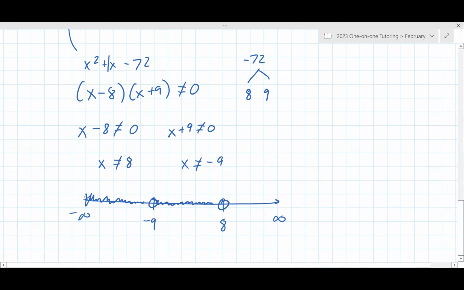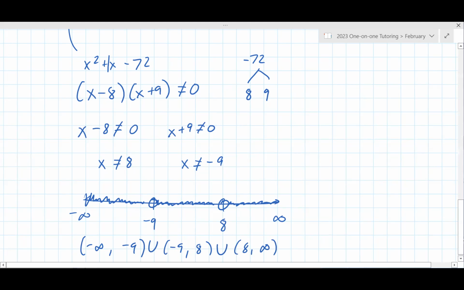So when you're putting it into the web, each of these regions corresponds to something. So it's minus infinity to minus 9, minus 9 to 8, 8 to infinity. It's all the gaps in between, like the timeline. Yes, exactly. That's good.